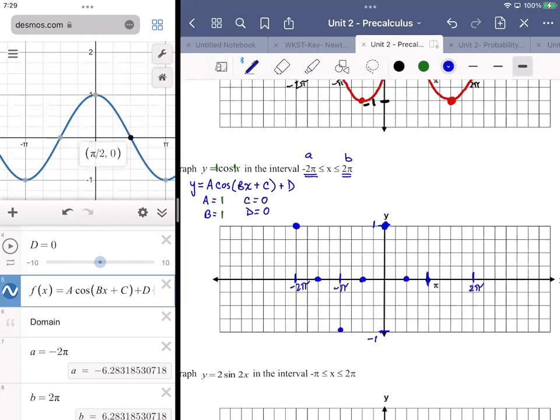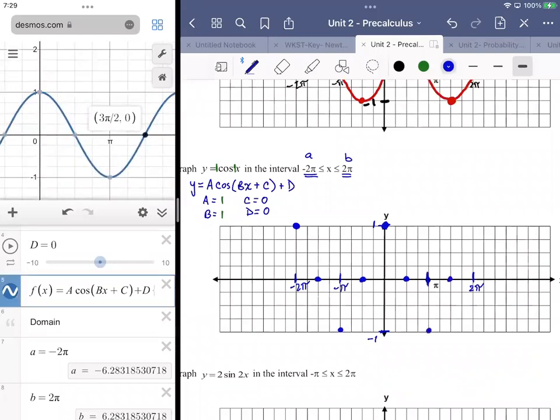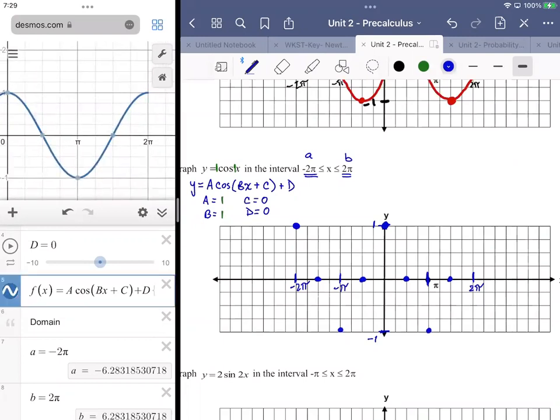A pi over 2. A negative 1. Halfway between pi and 2 pi, I'm back to the x-axis. And then up to the maximum point. I just plot the extremes and the midline values and draw a nice smooth curve through all those points. And I have my graph.